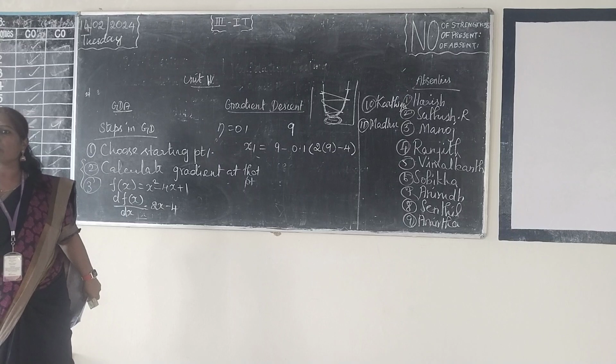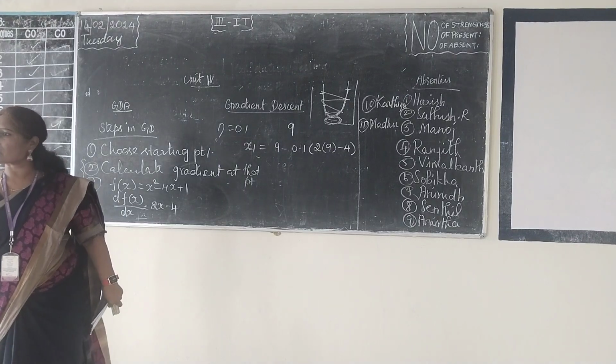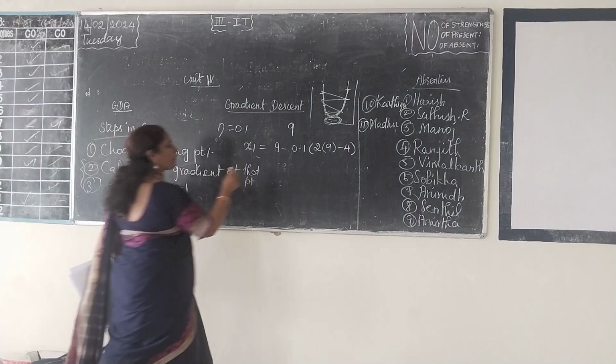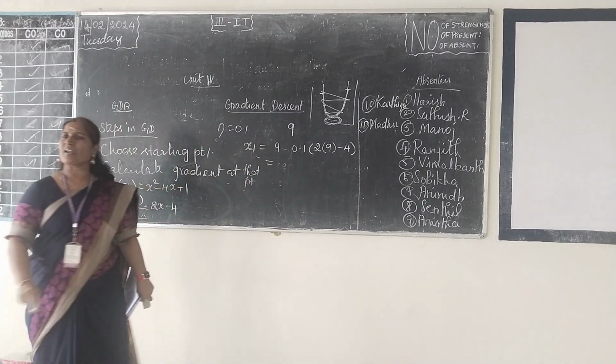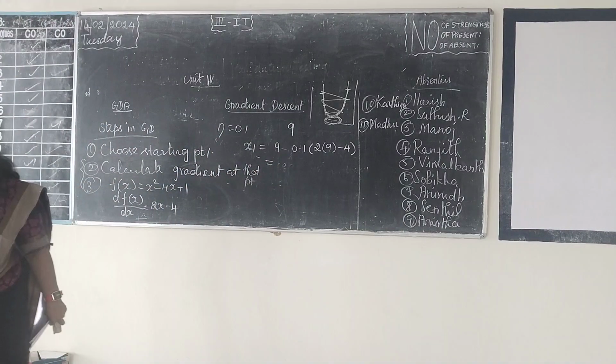I am doing the first iteration with the learning rate 0.1. What is the formula you have? Here the weight is represented by x.